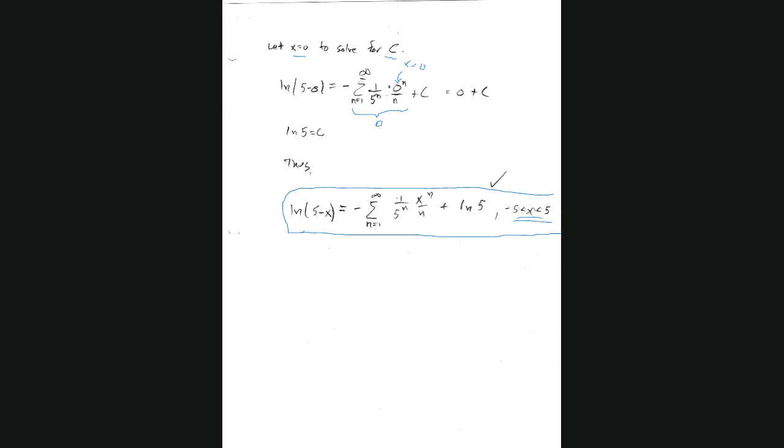The domain of the function itself, log of 5 minus x, is x less than 5. But for the log function to equal the power series, you would restrict x to be between negative 5 and 5.